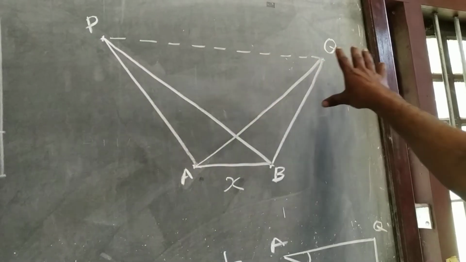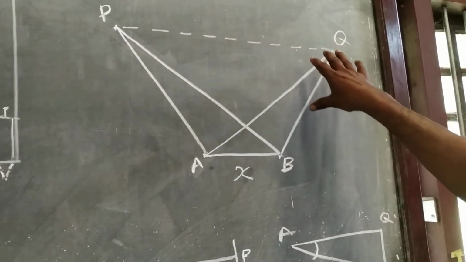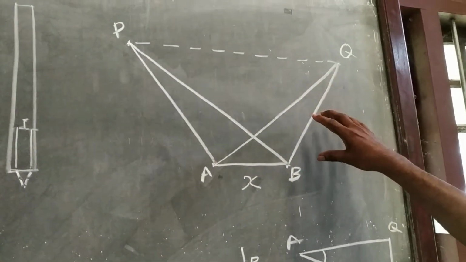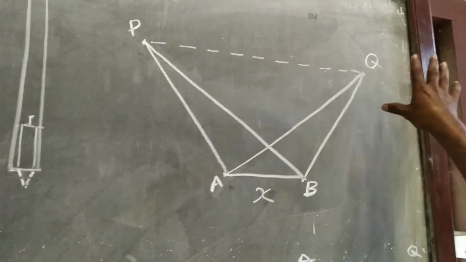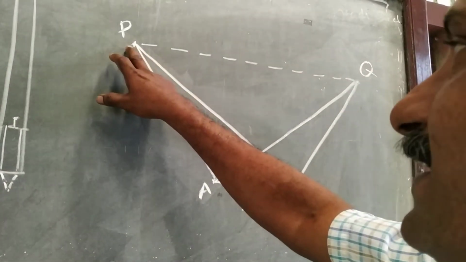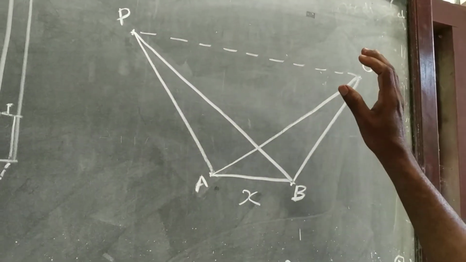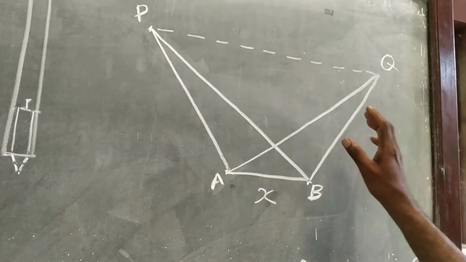We can select the same problem. The first method, yesterday we already made the solution for this problem, and that method included the level difference between P and Q. So the only addition is we take the vertical reading also.